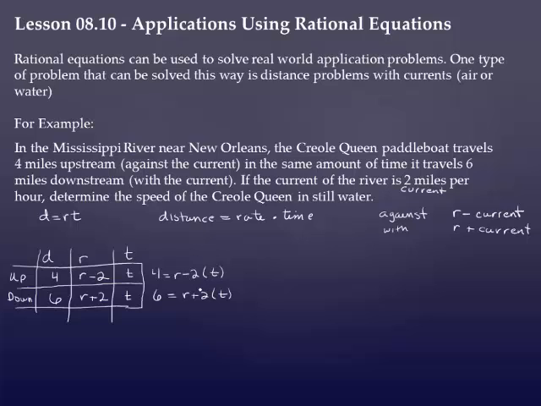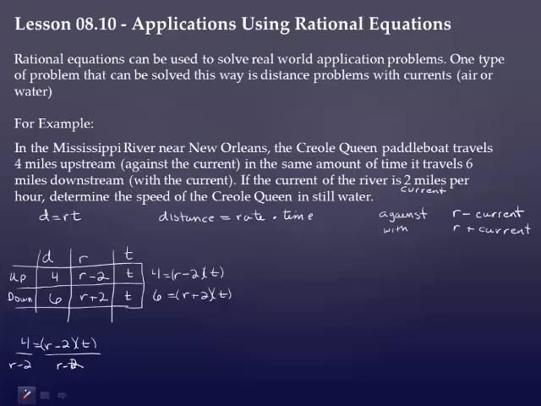Solving both of these for t will be our first step. If I have 4 is equal to (r minus 2) times t, this should be in parentheses because it's a single expression, so I need to divide both sides, not by t, but by r minus 2.